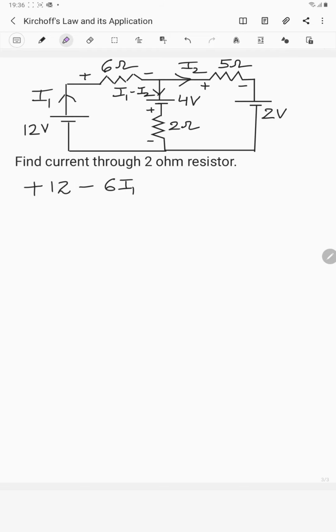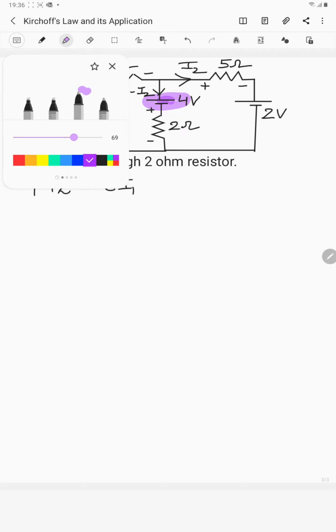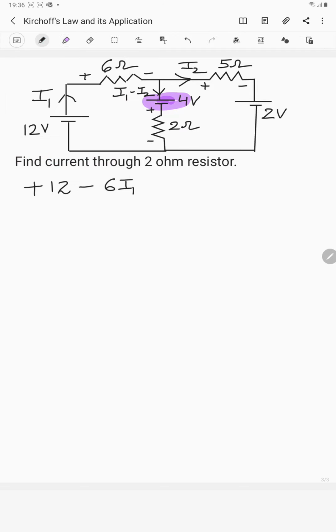Next element we encounter is this 4 volt voltage source. For this 4 volt voltage source, we are moving from plus to minus while writing the KVL equation. So moving from plus to minus, the sign should be minus and the voltage value should be 4.